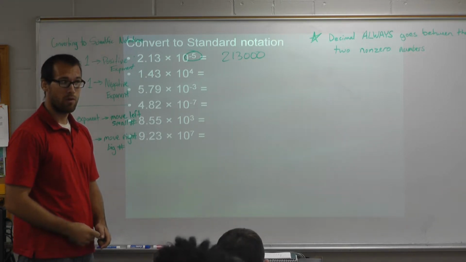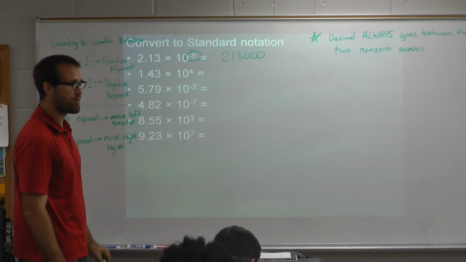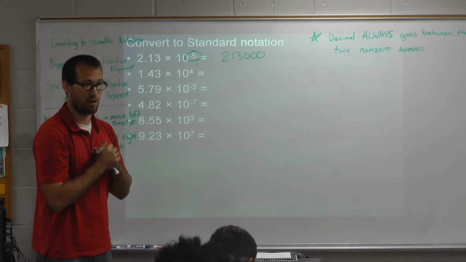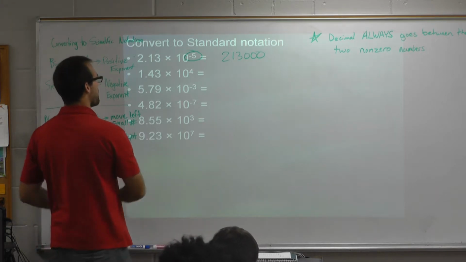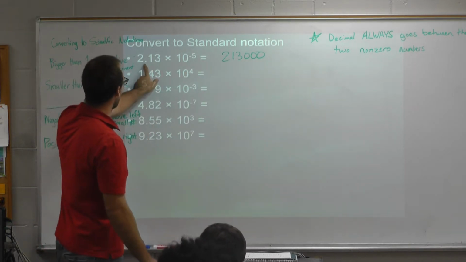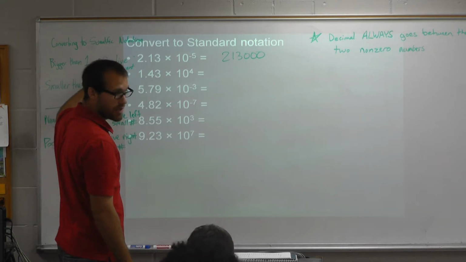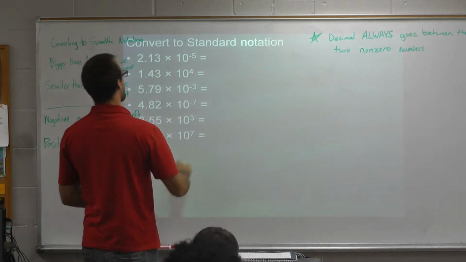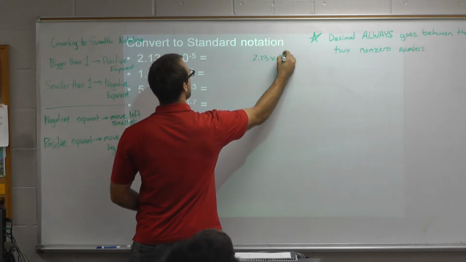No. So you can simply know that you have to move left for a negative exponent, or you can think, which direction would I have to move to get a smaller than 1 number? If I move right, that gives me a big number. If I move left, that would give me a small number. Unfortunately, I'm going to write it to the side so I have some room.